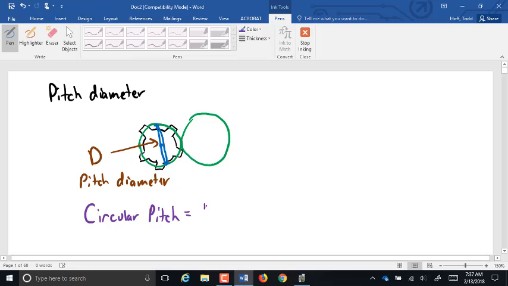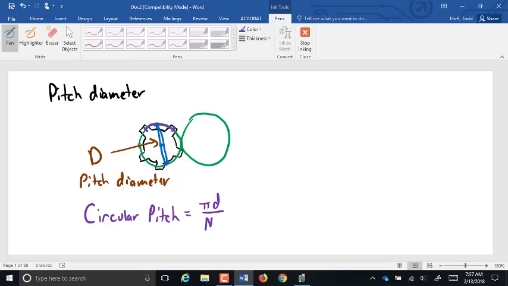Well, it's pi times the pitch diameter divided by the number of teeth. So it's the circumference of that pitch circle divided by your number of teeth. Your circular pitch is literally, on the pitch circle, the arc distance from center of tooth to center of tooth.